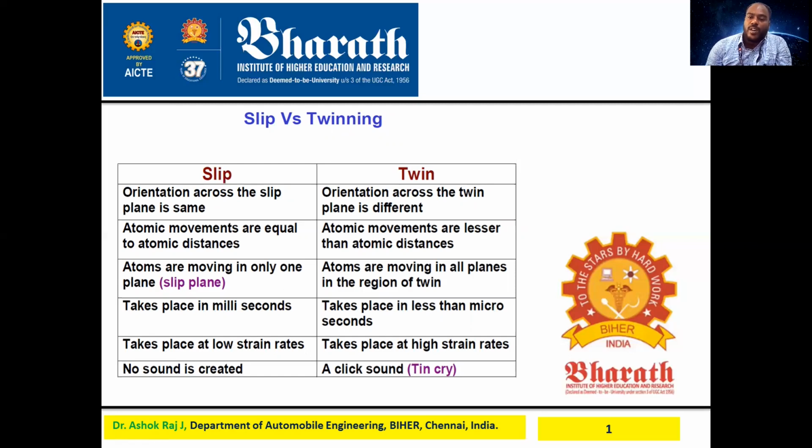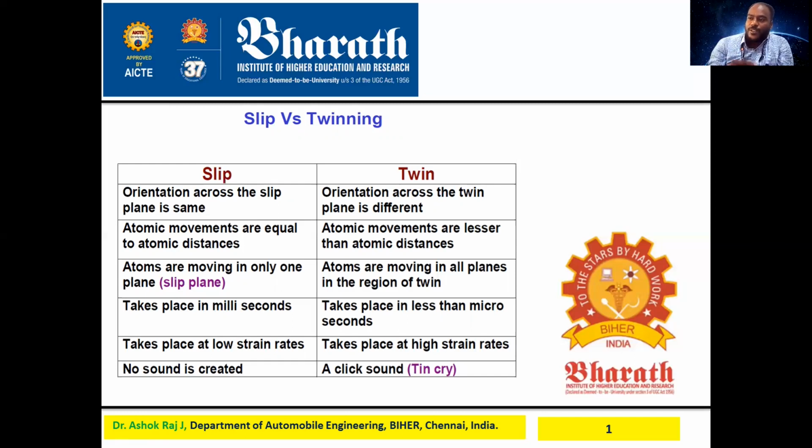In slip, atomic movements are equal to the atomic distance and atoms move in only one plane. But in twinning, atomic movements are lesser than the atomic distance, and atoms move in all the planes in the region of twinning. It takes place in milliseconds, very fast, in less than a microsecond. Don't think twinning and slip will take a long time. Even 1 second is too long; it is very, very fast.